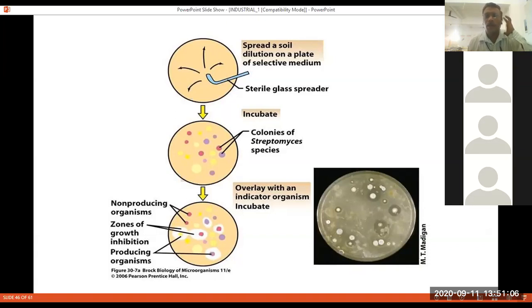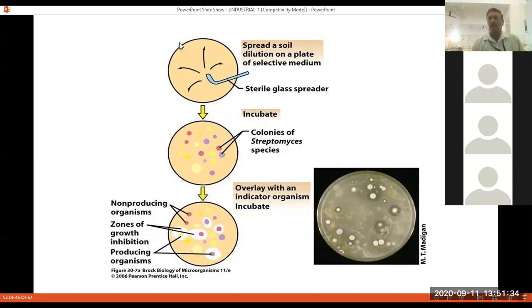Yes, sir. Okay. Now this is your Petri plate. Already it contains the nutrient agar. On this surface, we add the dilution of the soil sample, and with the help of a sterile glass spreader, I am spreading this culture throughout the plate, to the periphery of the nutrient agar Petri plate.